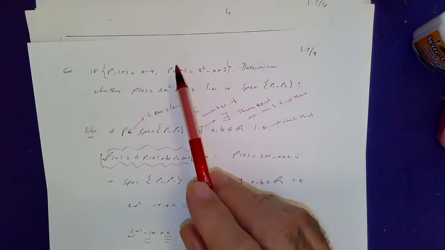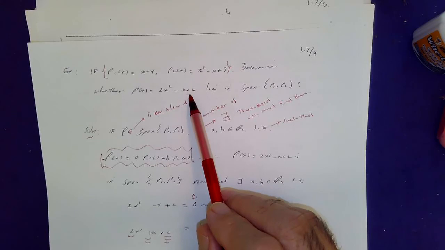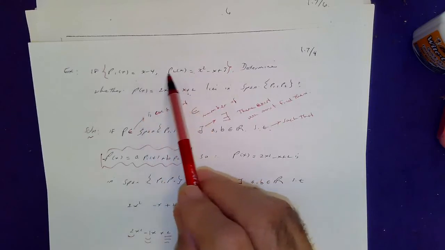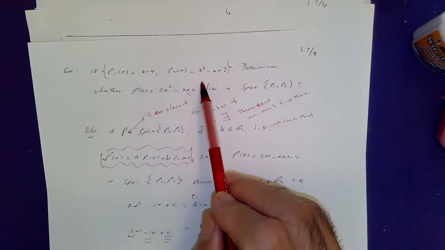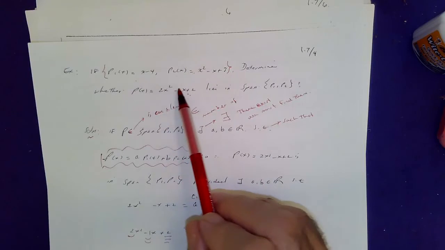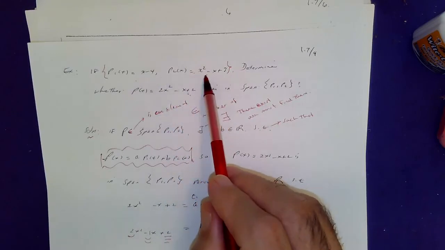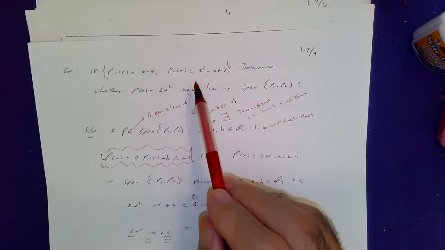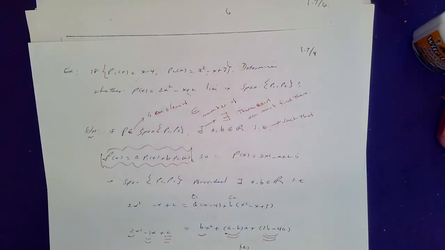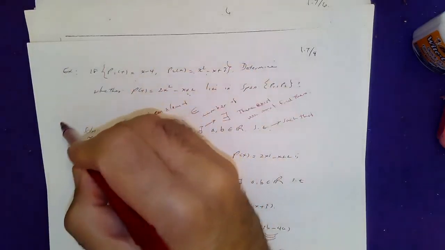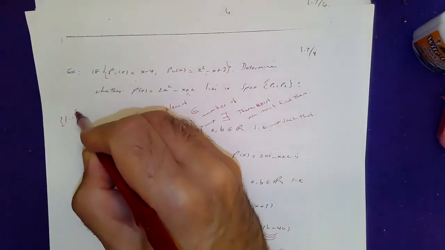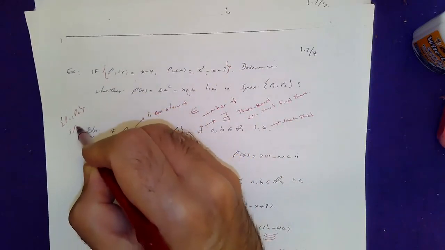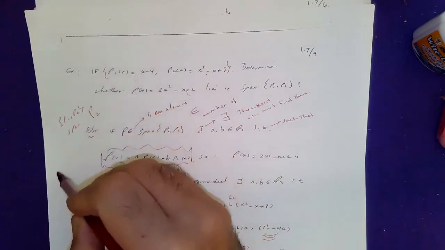In general, any second degree polynomial can be written as a linear combination of these. Thus, these guys span P2. So we say P1 and P2 span capital P2.